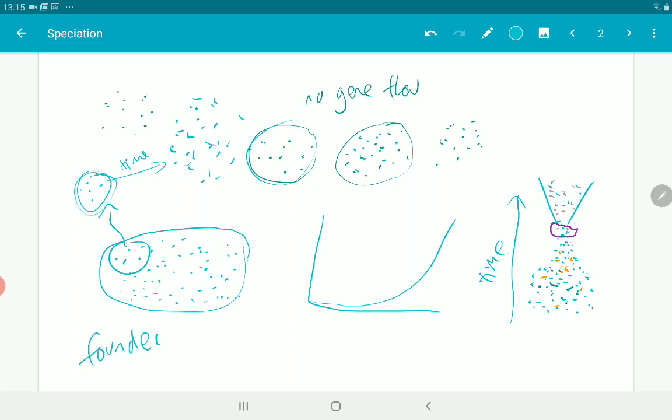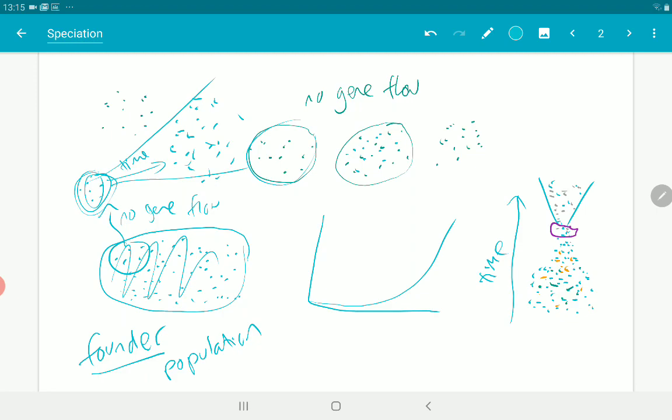You know, like the founding fathers in America. They're reproductively isolated from this lot. Okay, there's no gene flow between them, and then these lot give rise to all of these.